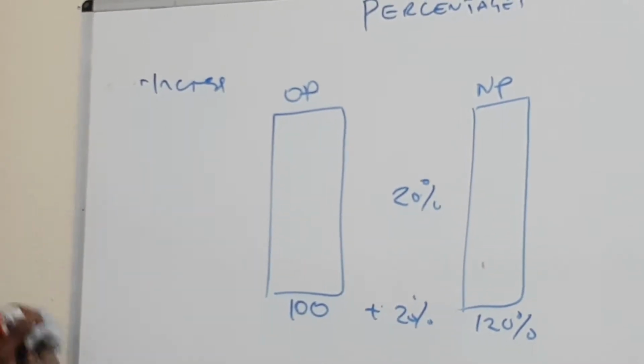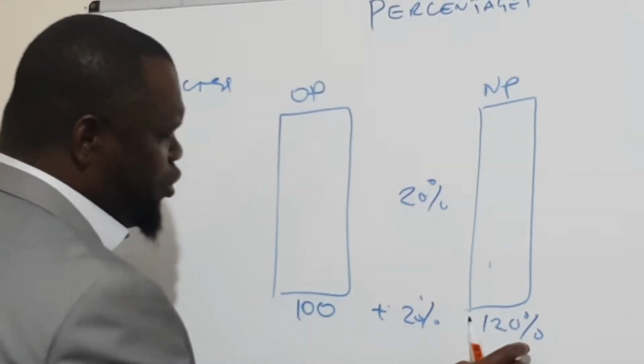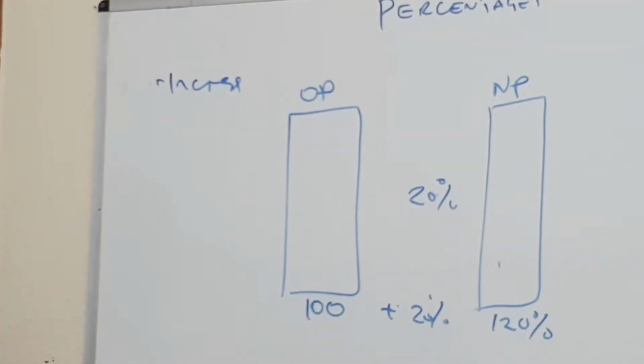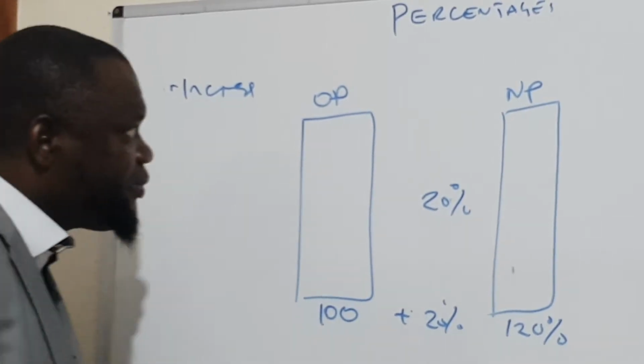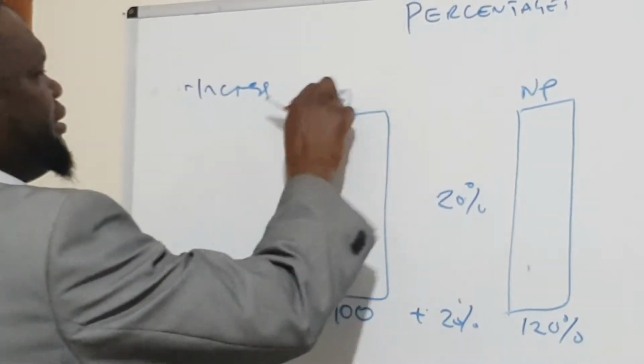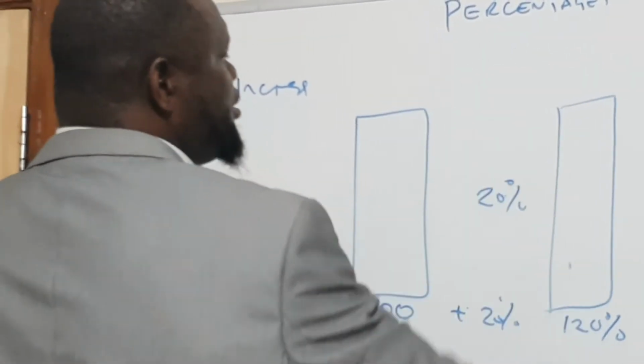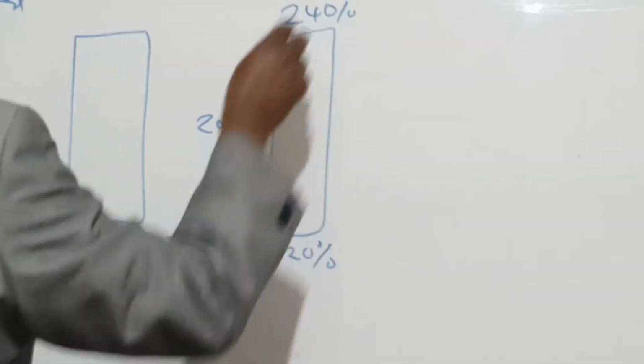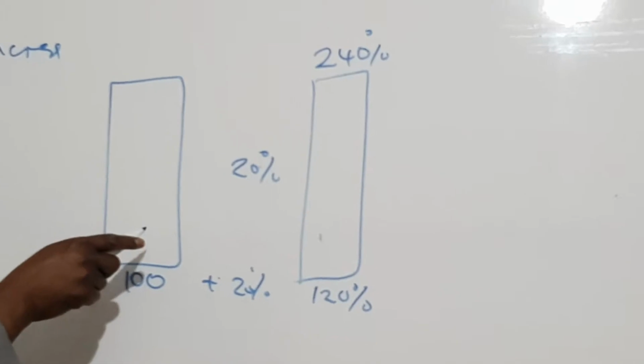Okay. Now what about if you know the new price, you want to know the old price? That's what I should have explained. You get it? Let's say the new price is £240 after an increase of 20%.